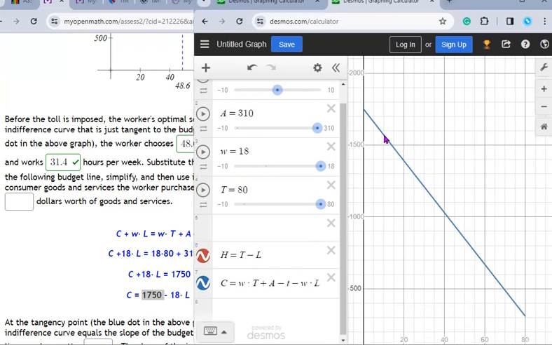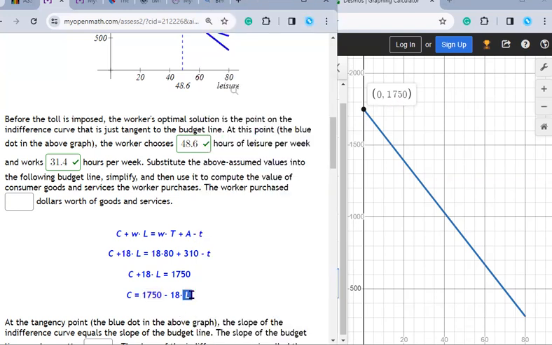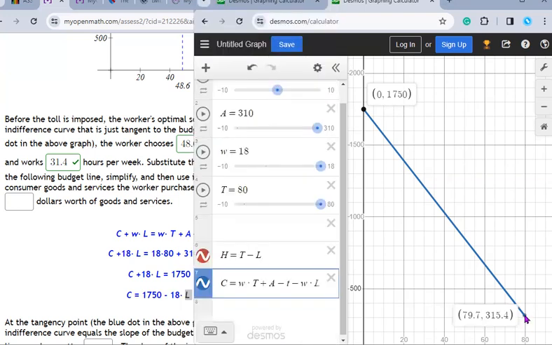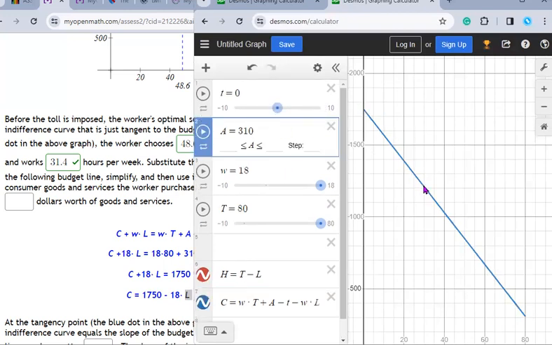So that's my consumption function here, right? At 0 hours of leisure, my consumption is 1750, which agrees with this here, right? If leisure is 80, times 18 subtracted from 1750, well, that's equal to what? That's equal to 310. 310 is my weekly allowance. So that's the graph of the consumption function, right?